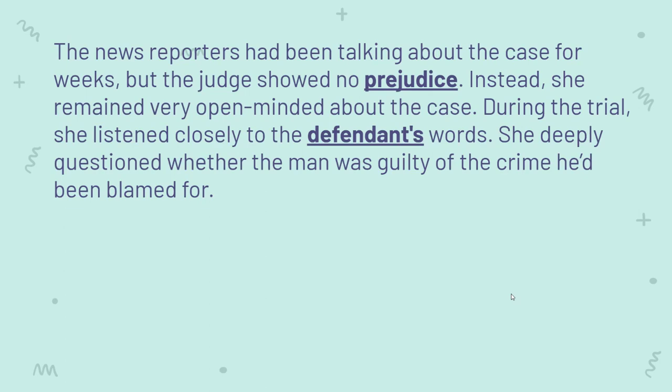Okay, so we can also look at this word prejudice, and we see that affix, that prefix pre, and so we can try to figure out, okay, maybe that has something to do with the definition. And then also with that word defendant, we see that de prefix as well. So that can also help us when we're trying to figure out the meaning of the word.